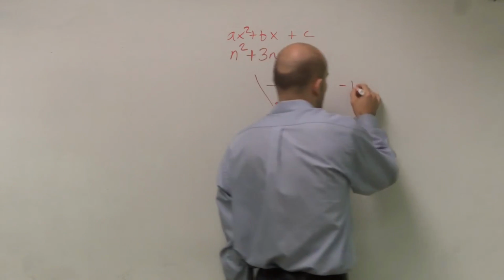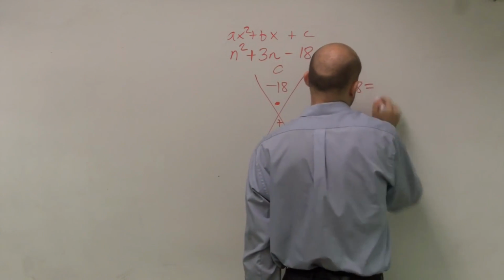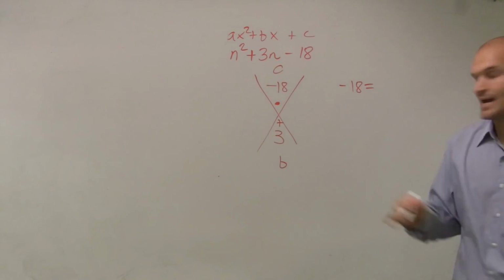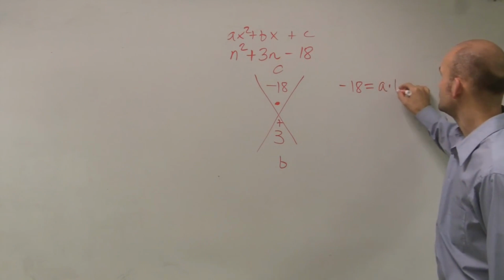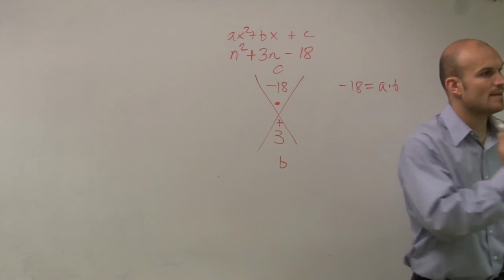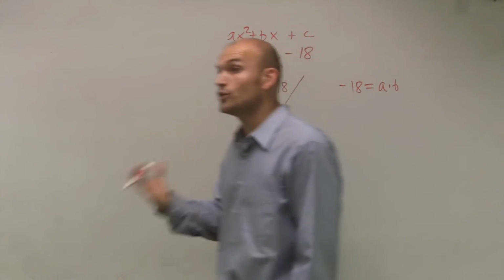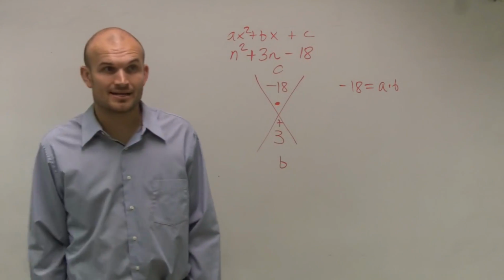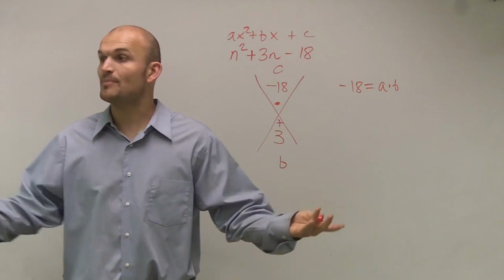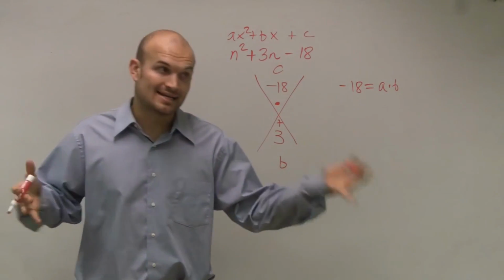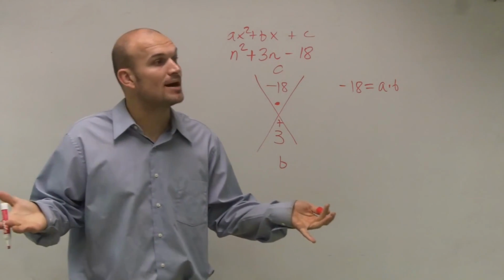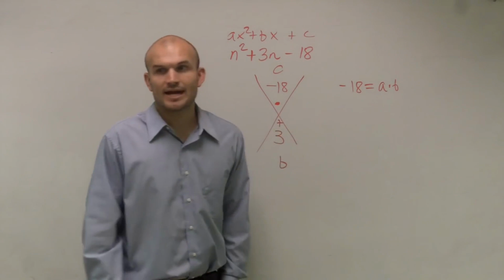So now I look at negative 18 and I say, what two numbers multiply to give me negative 18? And remember, for it to be negative, one of those factors has to be negative, right? Because a positive times a positive gives you a positive, and a negative times a negative is going to also give you a positive. So now let's look at the negative factors.